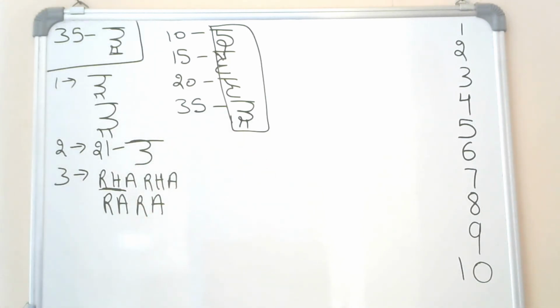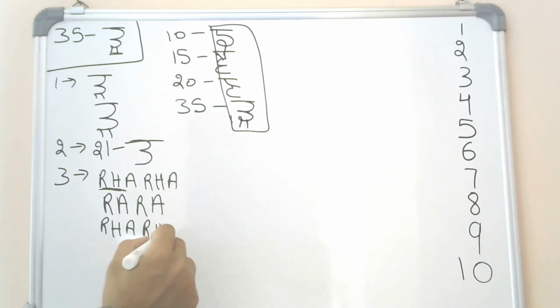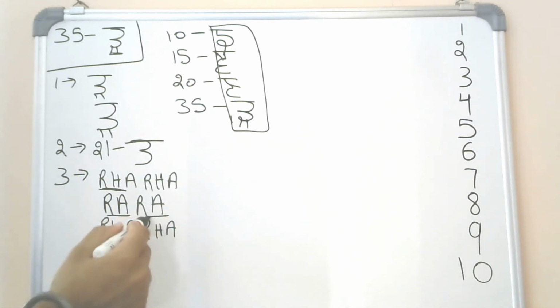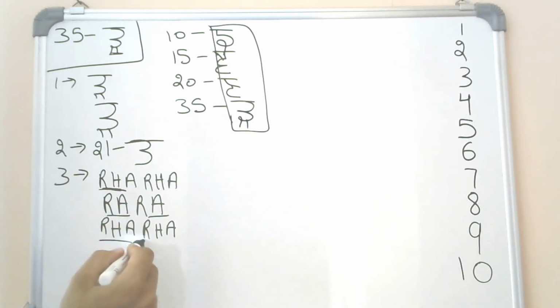But in this letter, the 35th letter, we are going to have Ra, Ra. I know it's a little confusing also, because it might be sounding the same. If I have to tell you in another way, it will be something like that.